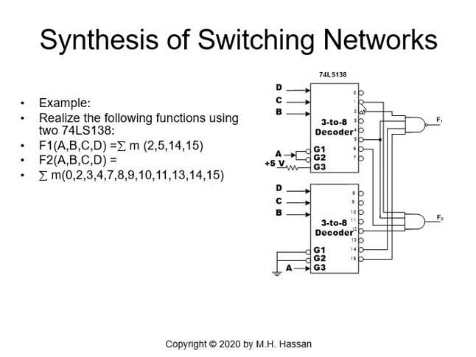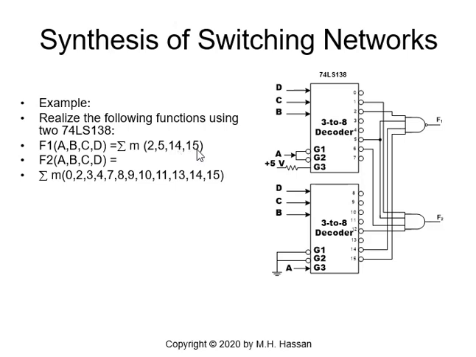Now, those are inverted minterms. If we have the sum of minterms M2, M5, M14, and M15, and we put a double complement on it, one complement will produce M2 prime, M5 prime, M14 prime, and M15 prime.